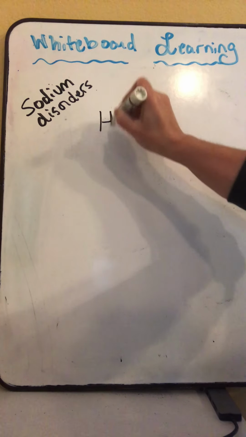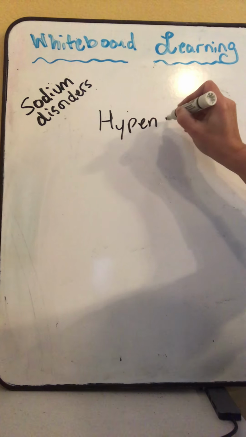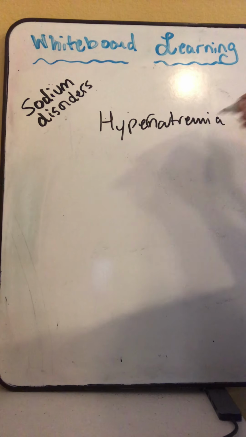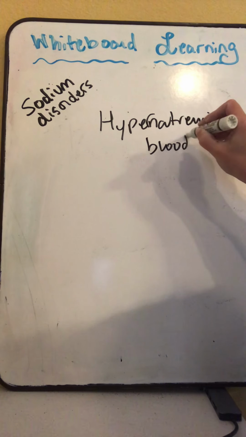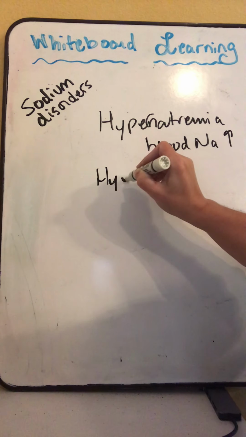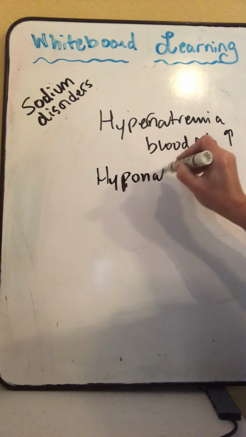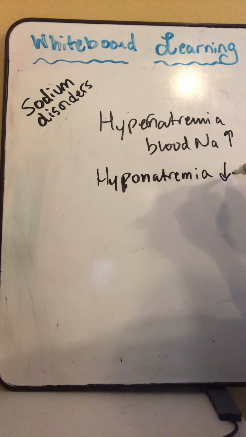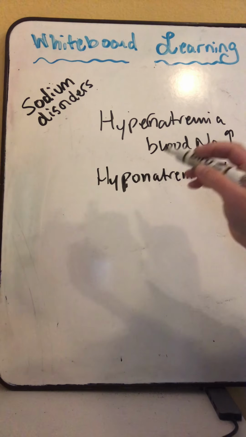So let's talk about hypernatremia. That is when your blood sodium is too high. Hyponatremia is when your blood sodium is too low. That makes sense, right? Hyper and hypo.